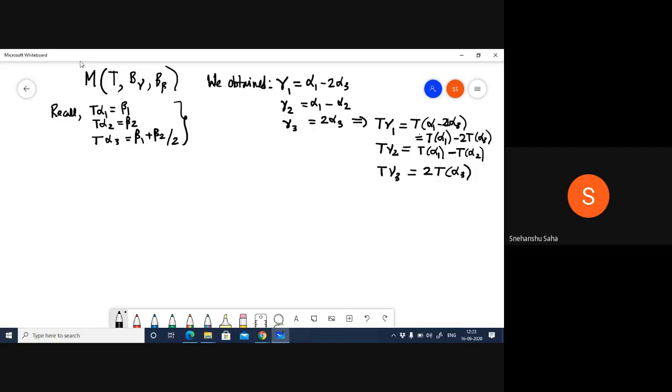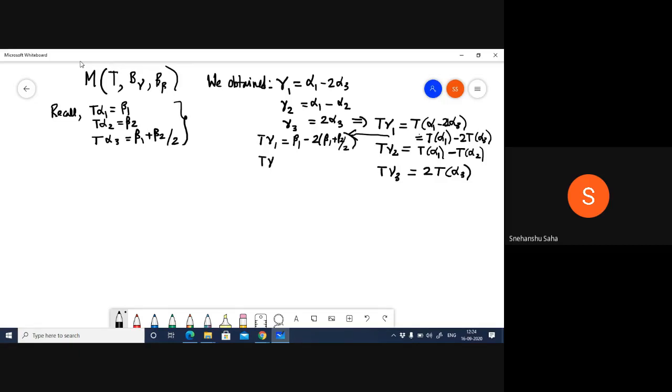Good, because now we can use our information given below to transform this into beta 1 and beta 2. So T of gamma 1 is, now T of alpha 1 is beta 1, and minus 2 T of alpha 3. T of alpha 3 is nothing but beta 1 plus beta 2 by 2. So beta 1 plus beta 2 by 2.